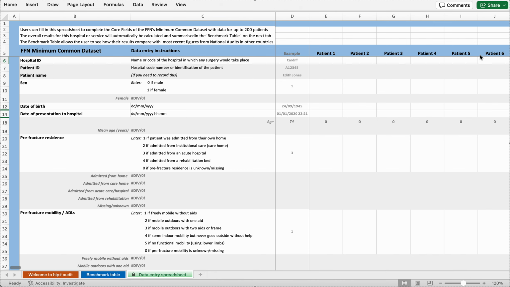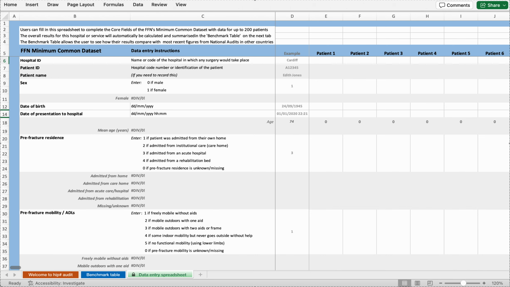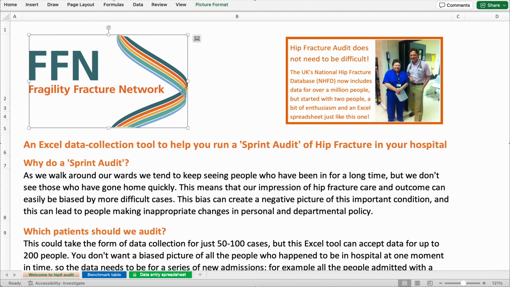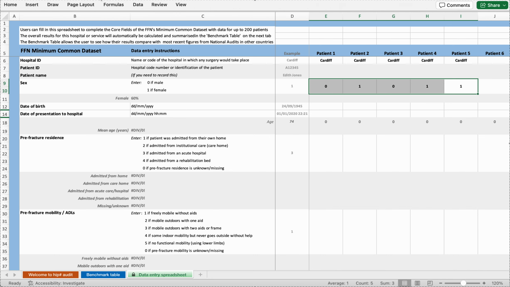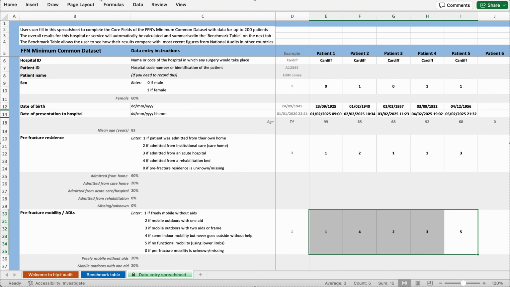And then if you add data on the patients who've come in over a short period of time, you'll find that as the figures go in here, the computer will automatically start calculating percentage figures and reporting the figures over here.